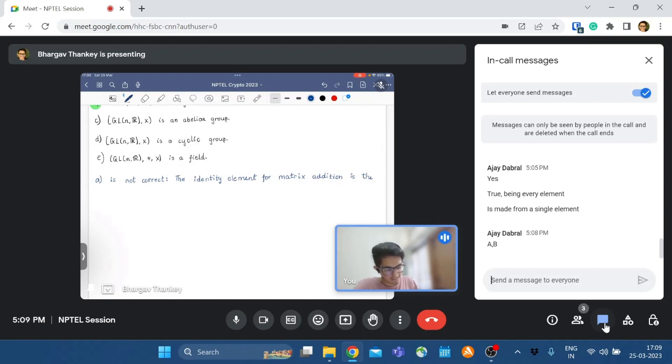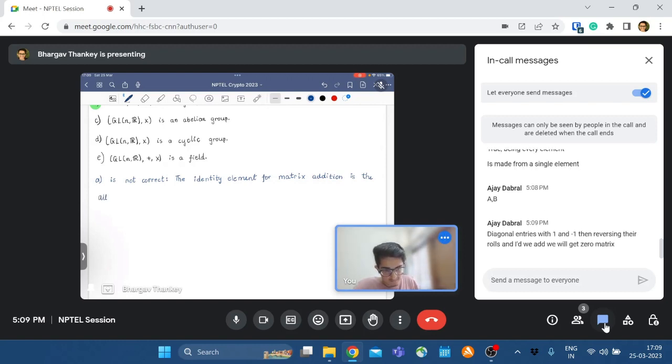Yes, it's the all zeros matrix, right? However, the all zeros matrix is not invertible. So it is not in GL n comma R.